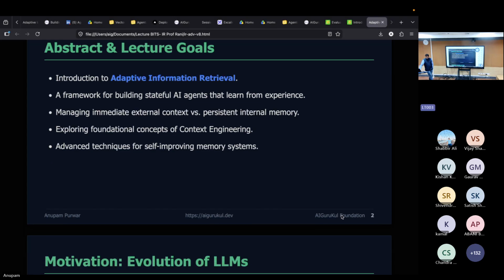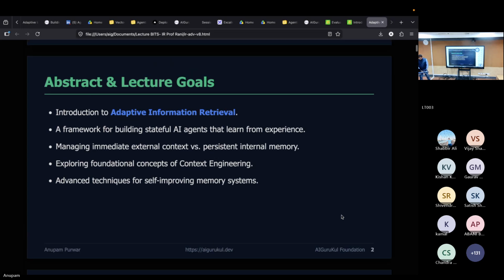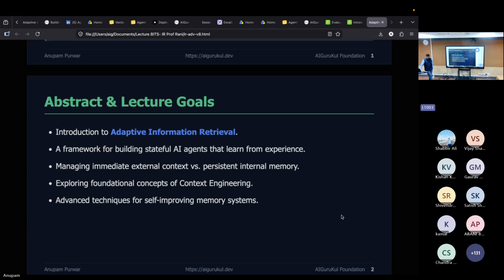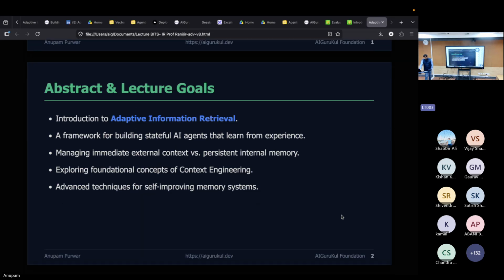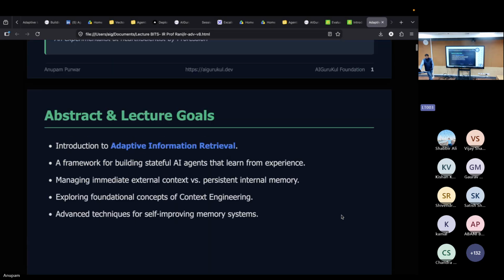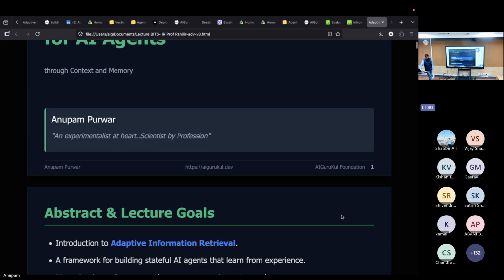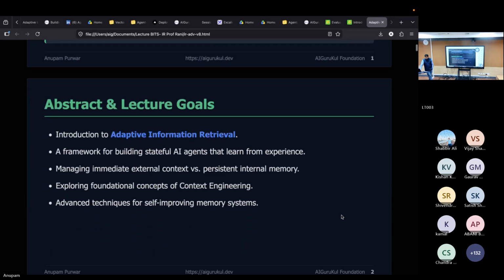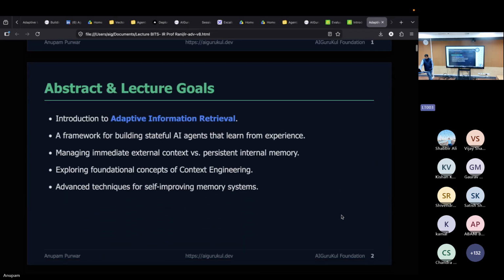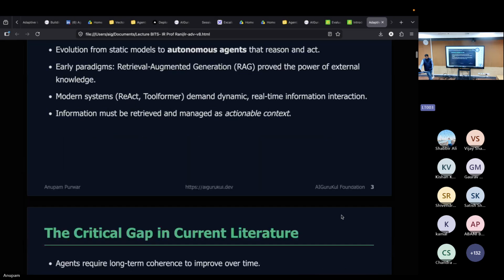Okay, so this was actually a tutorial at ICML, and then it became a lecture, and on those lines I created a lecture for this session as well. I think by now this is clear, right?